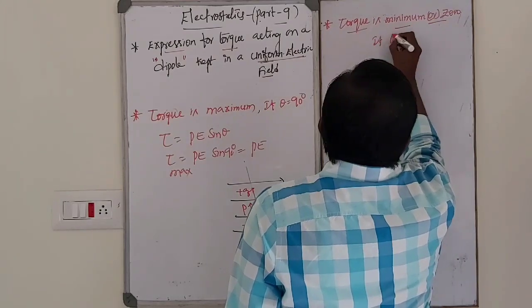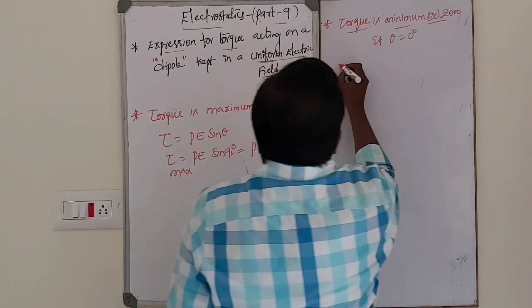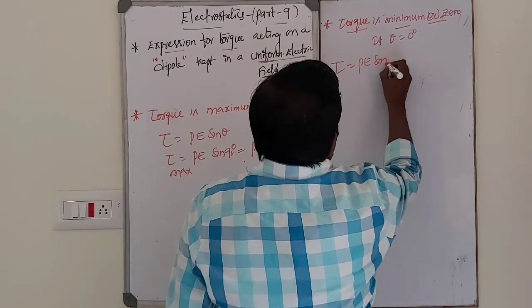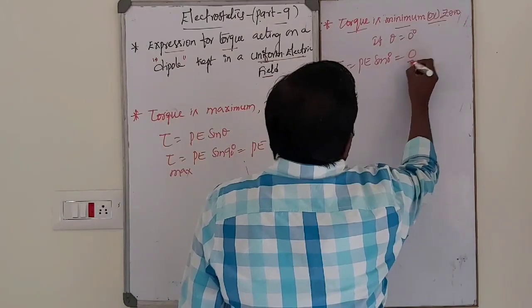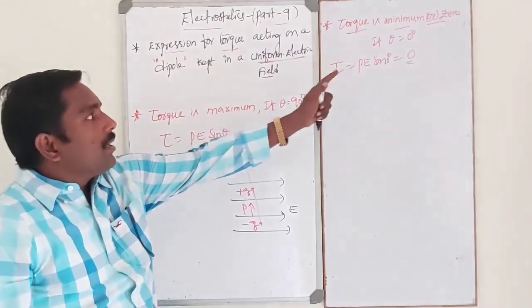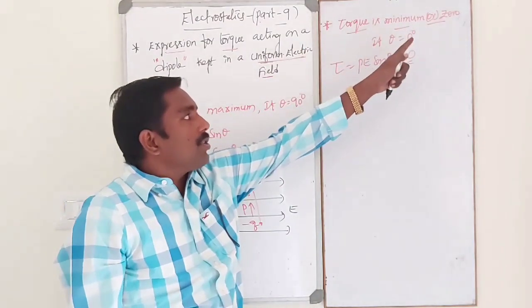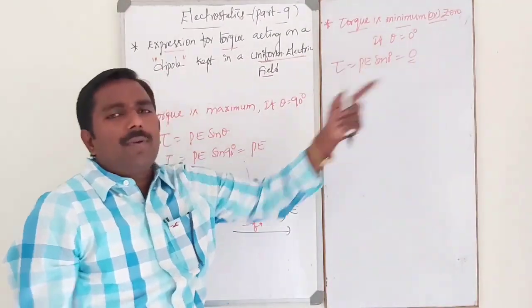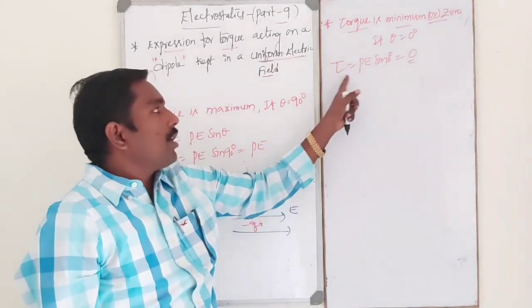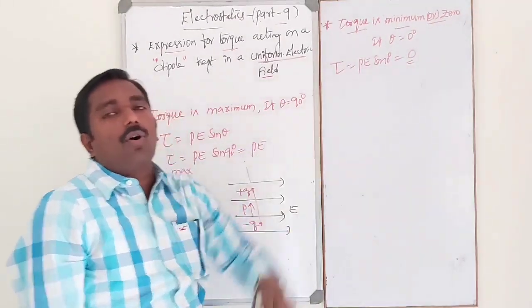If theta is equal to 0 degrees, tau is equal to P sin 0 degrees, that is equal to 0. For what angle is torque minimum or 0? Theta equal to 0, torque will be 0, because sin 0 is 0, and 0 into anything is 0. Tau is equal to 0.